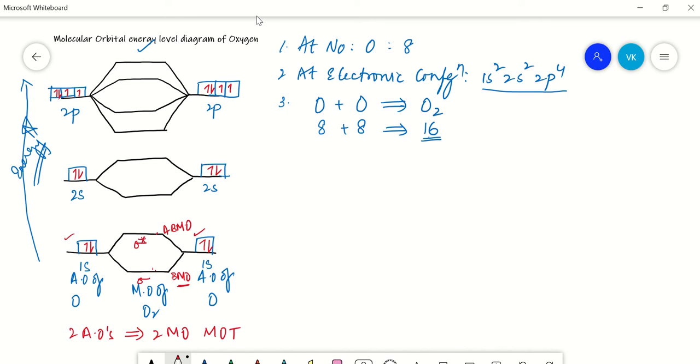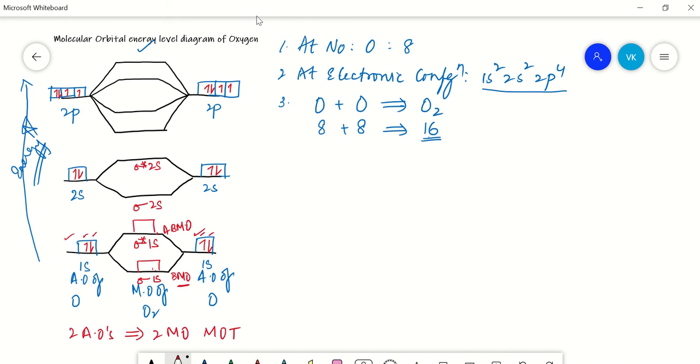Now coming to this level, it is the 1s orbital that is involved, so we will write it as sigma 1s, and here it is sigma star 1s, and here it is sigma 2s, and here it will be sigma star 2s. Now first we'll fill up these two orbitals and then we'll go to the 2p orbital, right? How will we be filling up the electrons? 4 electrons are present, 1, 2, 3 and 4.